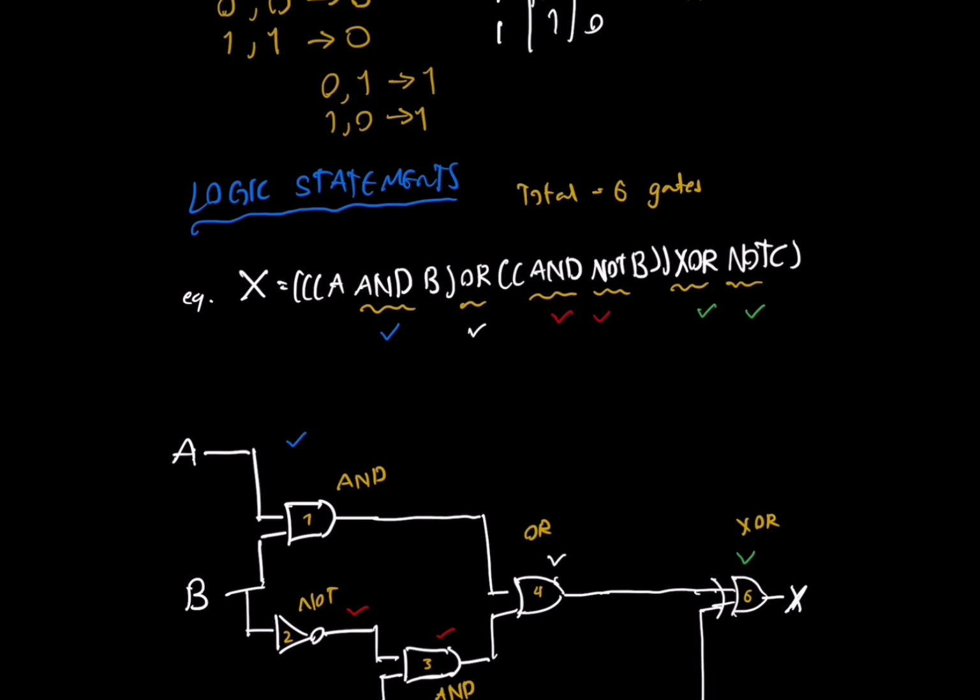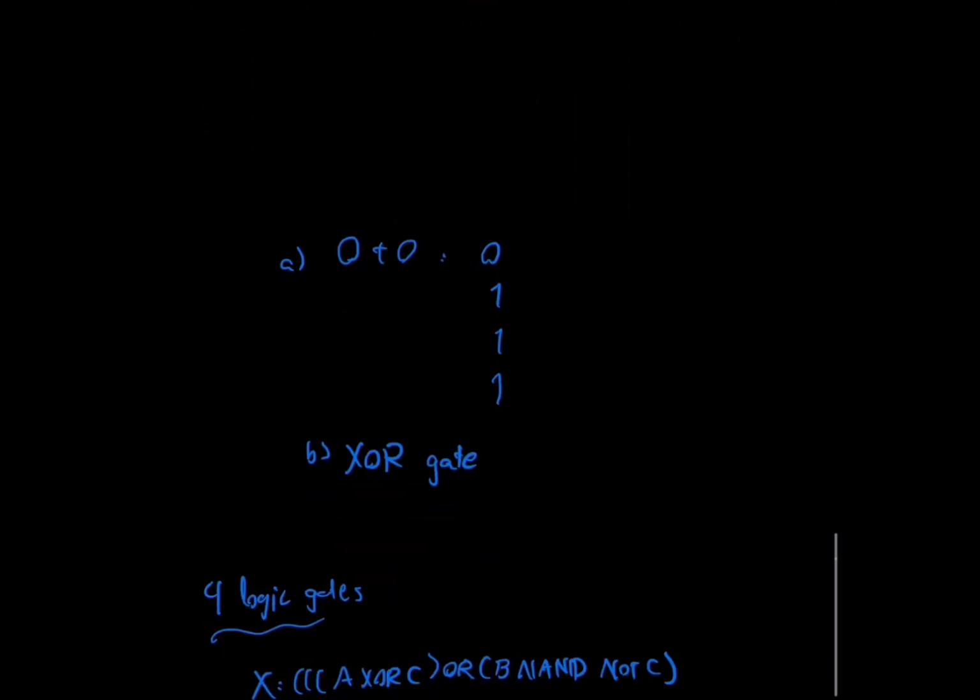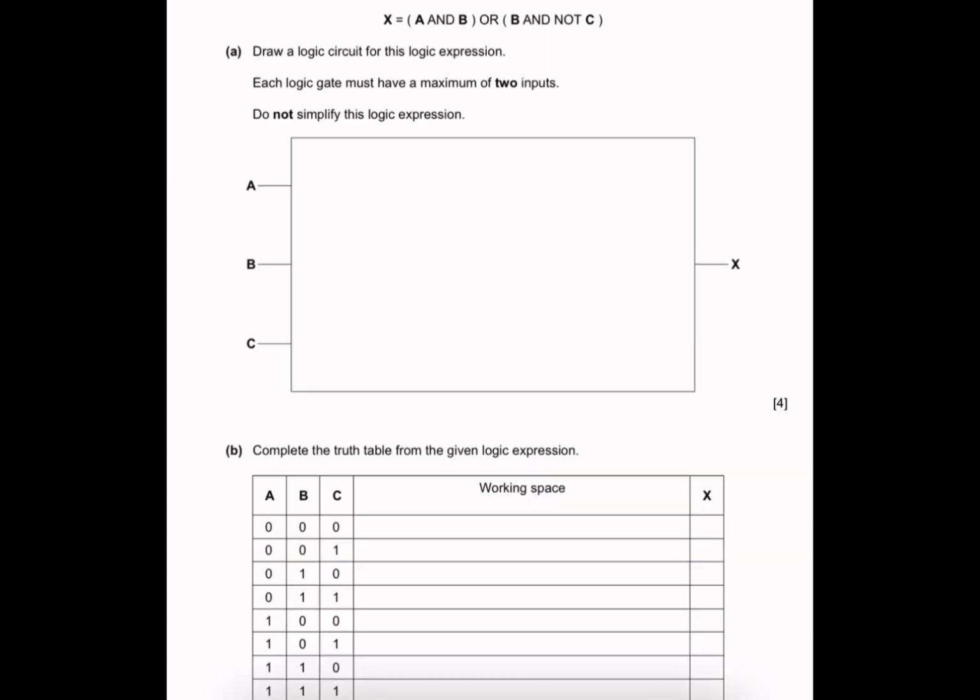For the drawing, I will be using a new question. This question is also from the specimen paper. Firstly, we can check the logic statement to see how many and which gates we have to use. There is the AND gate, the OR gate, another AND gate, and a NOT gate.